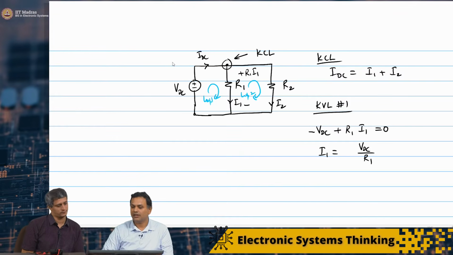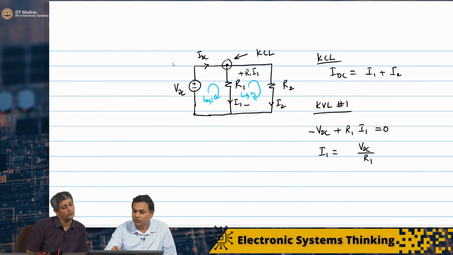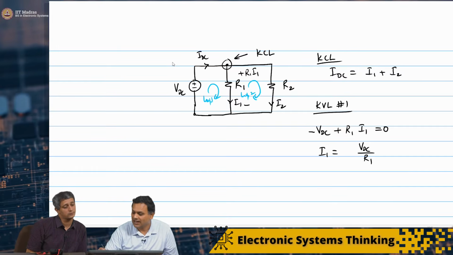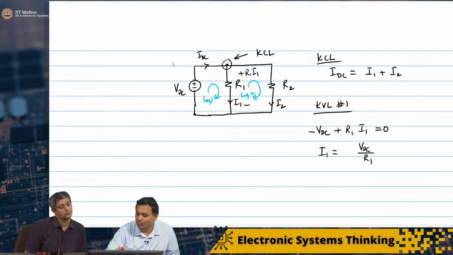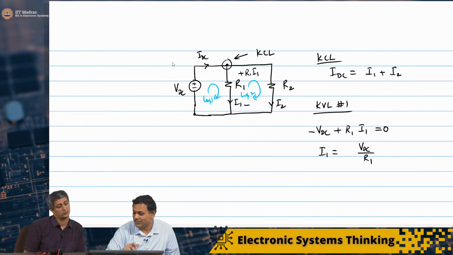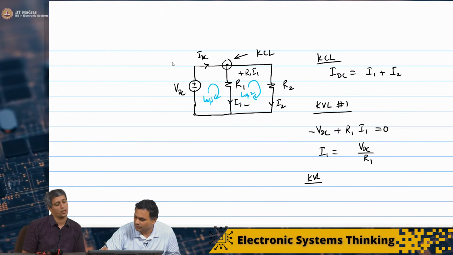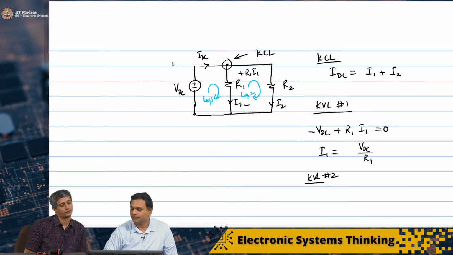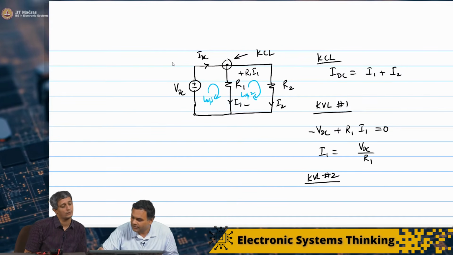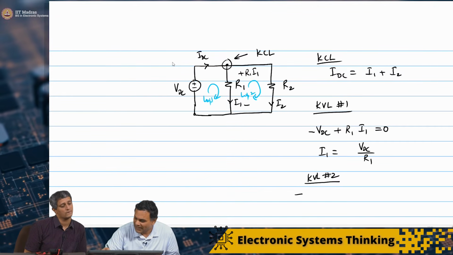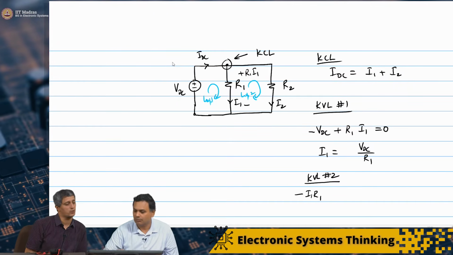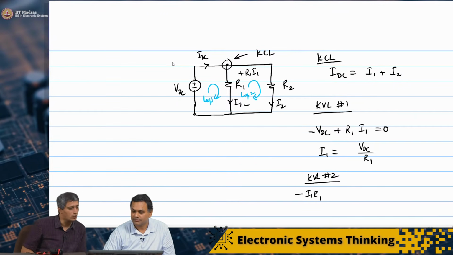Now loop 2. I have a drop here, so I have a potential increase. KVL number 2 tells me that, minus I1 R1. Maybe you can mark that second loop in a different color.